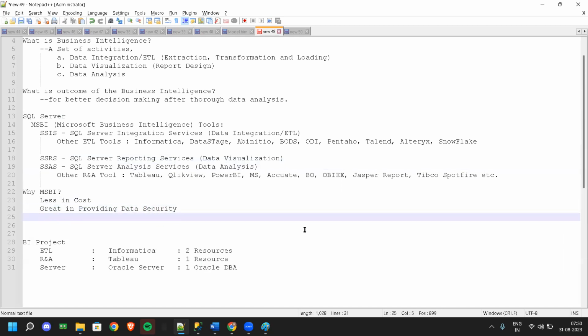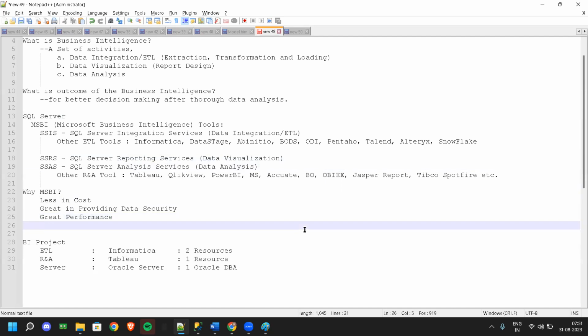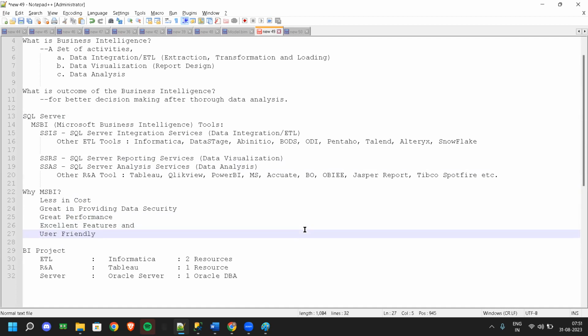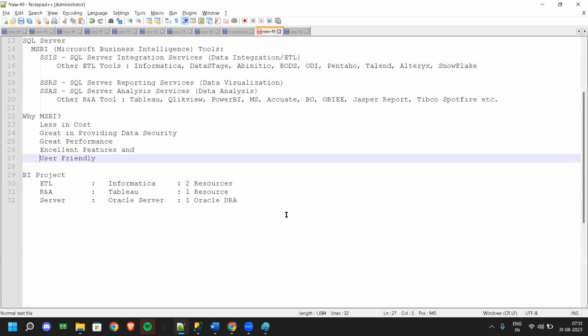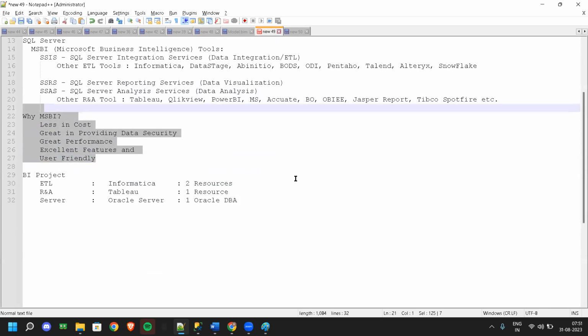How about the performance? It's free of cost. How about the optimization and performance? Great performance. How about the features? Excellent features and user friendly, because all Microsoft products are user friendly. These are all the advantages.